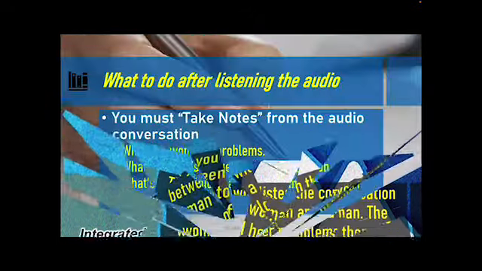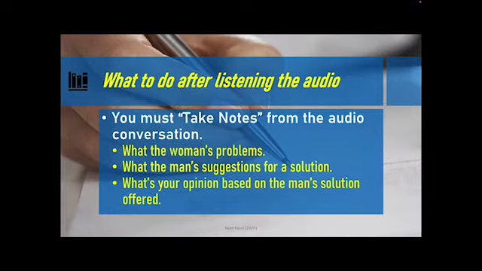Okay, let's see what to do after listening. You must take notes first, as usual. When you listen to an audio conversation, you should write down the important things you want to keep from the conversation.